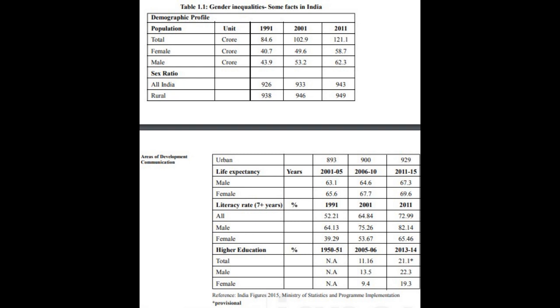UN Women and the World Bank analyzed the existing poverty data to submit to the Economic and Financial Committee of the UN General Assembly on 18 October 2017 and found gender differences in poverty.